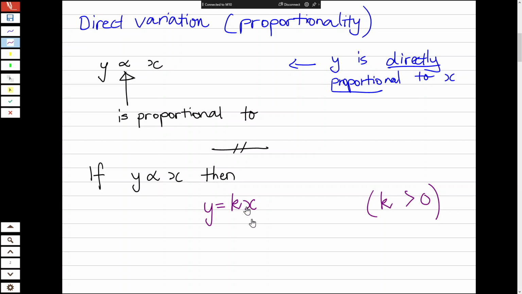So I'll write a note here. k times x. So multiplication. Now, because the slide's going to disappear, I will write it on this board because we'll refer to it a few times.